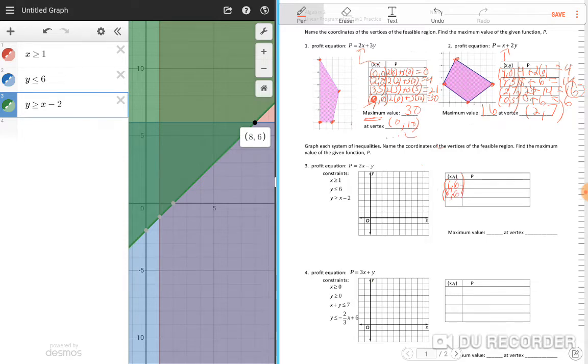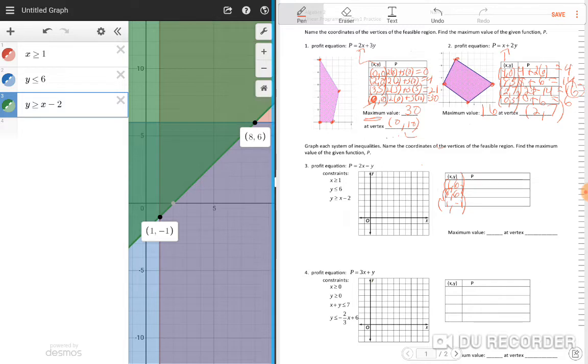And then we got one down here, which is kind of strange because usually we don't see negatives, but they don't define what x and y are, so we don't know that it can't be negative. So let's put a 1 and a negative 1.